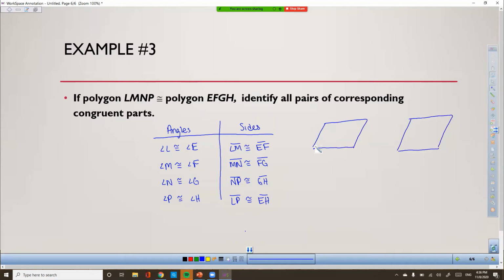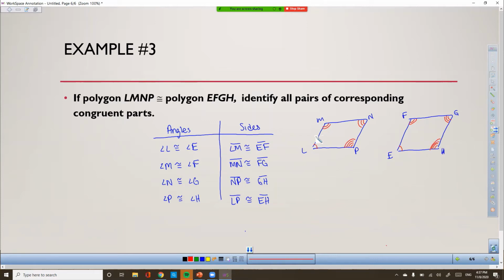And if I were to label it, I'm going to label this one as L, M, N, P. Then this one will have to be E, F, G, H. And if they want me to label the congruent angles and congruent sides, well, I know that angle L is going to be congruent to angle E. Angle M is going to be congruent to angle F. Angle N is going to be congruent to angle G. And angle P, 1, 2, 3, 4, is going to be congruent to angle H, 1, 2, 3, and 4. So those are all my congruent angles.